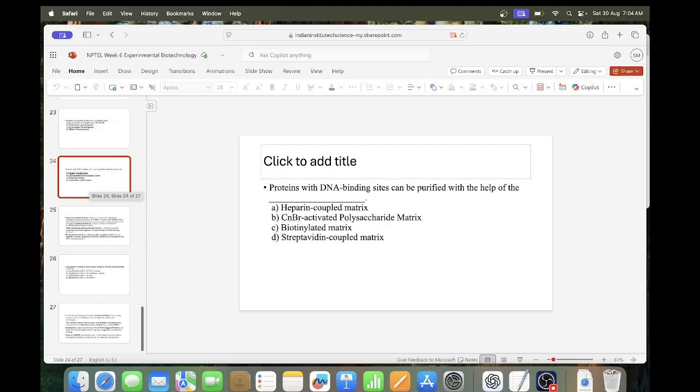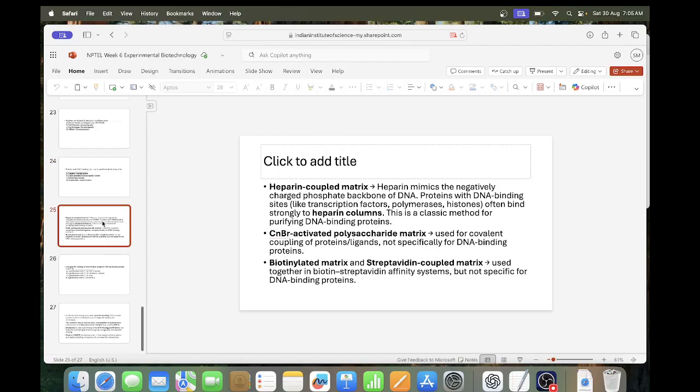Earlier we had discussed biotinylation and streptavidin. So these complement each other. Whereas heparin is what people use for proteins with DNA binding sites, because heparin is negatively charged, and it mimics your DNA phosphate backbone, and proteins with a DNA binding site will be positively charged, so they can bind to heparin.